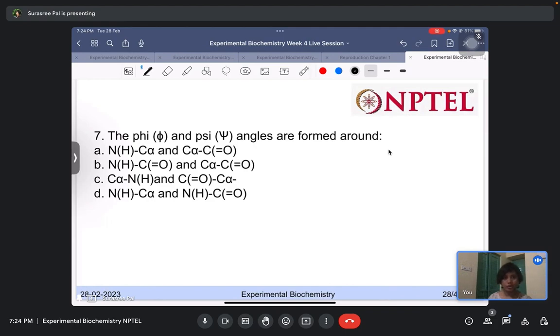This question is about the torsion angles. Can you answer?